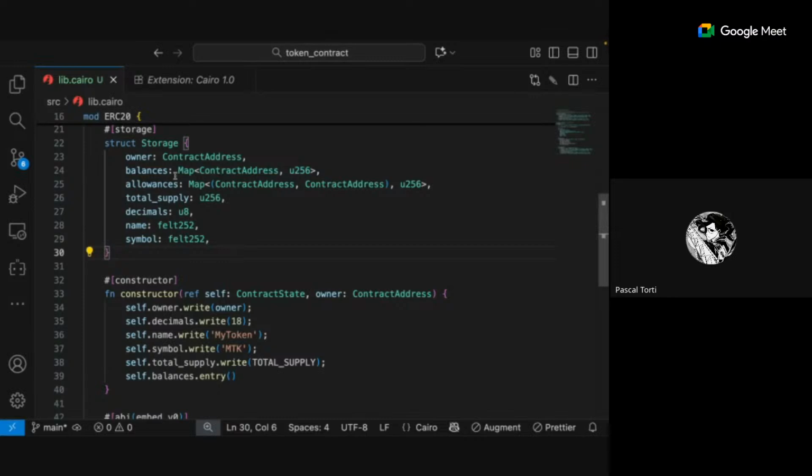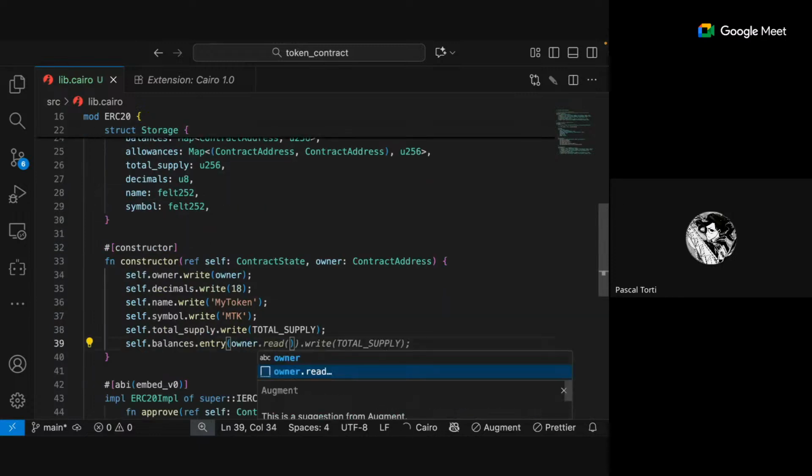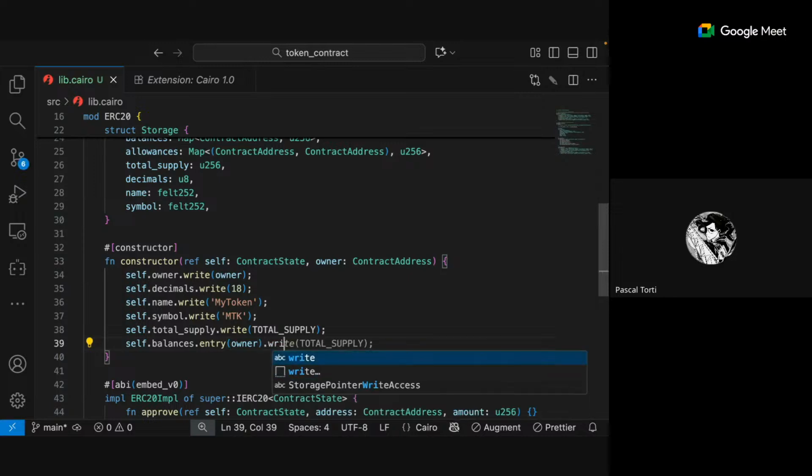So what we want to do is to modify this variable, these balances now for the owner. So we're going to write the entry of owner.write.